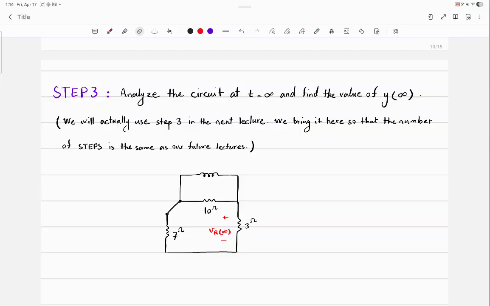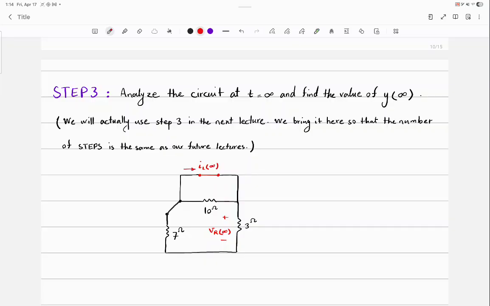Why? That's how it behaves. How does an inductor behave under DC condition? Short circuit. Remember, you are only allowed to consider this under DC condition.